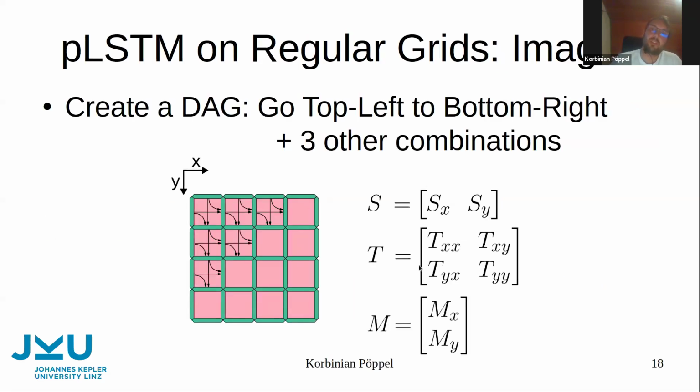How this looks on regular grids, for example images, is that we also use a directed acyclic graph. So we go here from top left to bottom right, and then combine this also with the three other versions: top right to bottom left, bottom left to top right, and bottom right to top left.